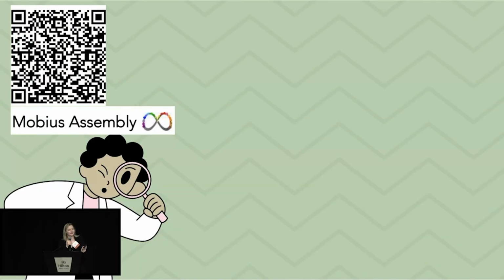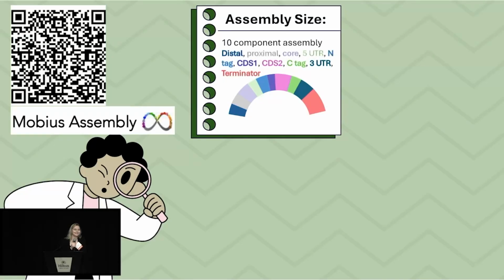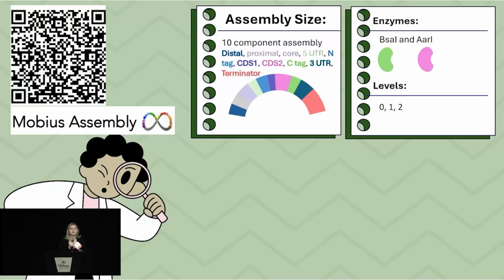So now let's move on to Mobius assembly. If you didn't like that Golden Braid had only 3 components per level 1, then you're going to like Mobius because it has 10. I'm not going to go over how they define each component because it's right here, but 10 components is a lot more flexible if that's what you're looking for. The enzymes that they use are BSA1 and AAR1.